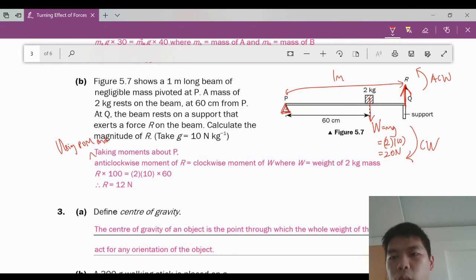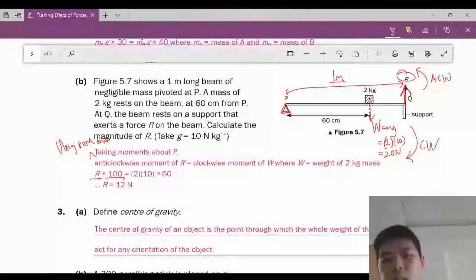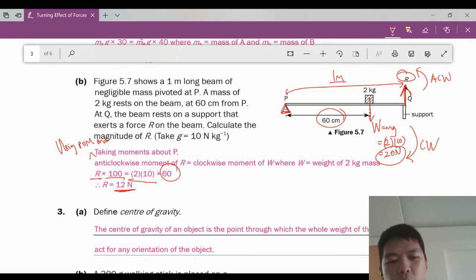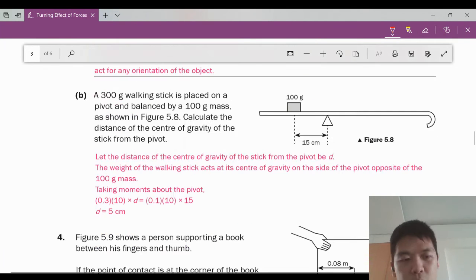So anti-clockwise will be R times 1 meter, which is 100 cm. The weight is 20 newtons, so I've already calculated in advance. The distance is 60. And then we can find out what is R, which is 12 newtons. Okay, so basically it's just using the clockwise moments and anti-clockwise moments to balance each other out. Okay, let's look at the next question. Question 5.